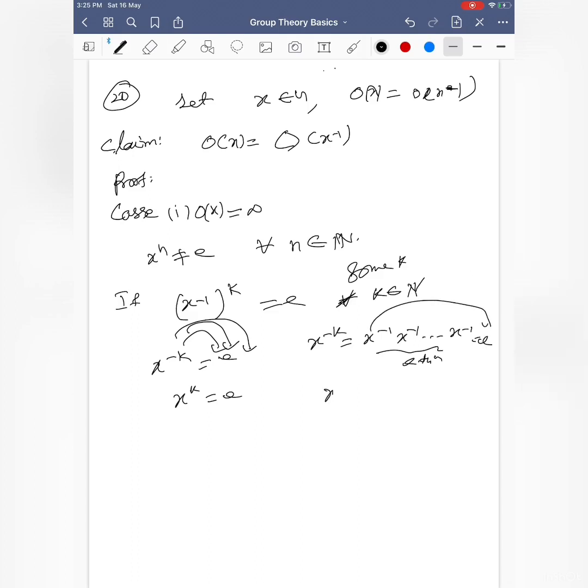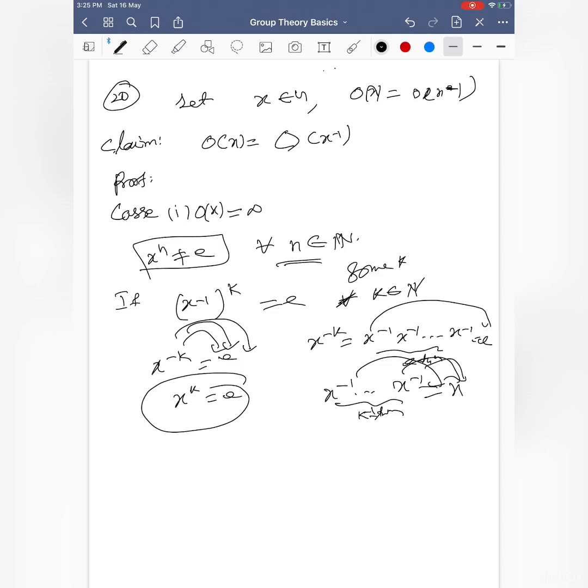Roll this one, that will become x, k minus 1 times, so pulling slowly one by one, this side becomes x power k. But we said there is no such n, so such a k cannot exist. That clearly implies that the order of x inverse is also not finite, which means x power k is not equal to identity for every k belonging to the natural numbers, so this is infinite.